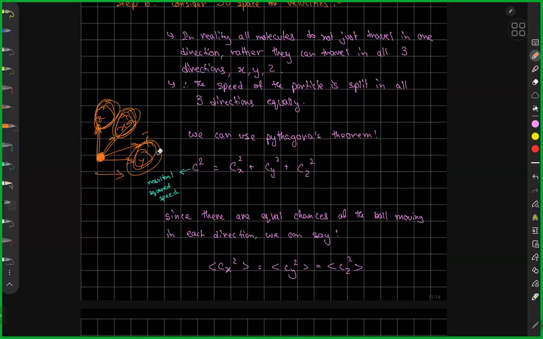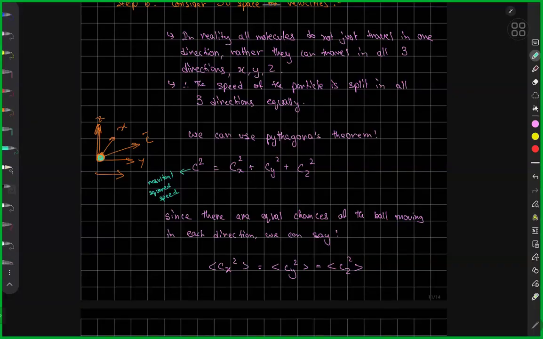Yeah, we're saying that the components have an equal amount of speed in each direction. Not for one particle. If you're talking about one particle, it can have more component in the y direction, less in the x, and even less in the z. But when I consider another particle, it will have more in, let's say, the x direction, least in the y direction, and more in the z direction.